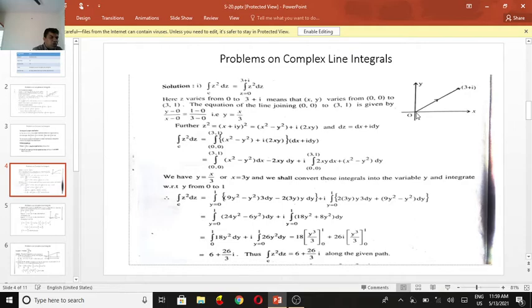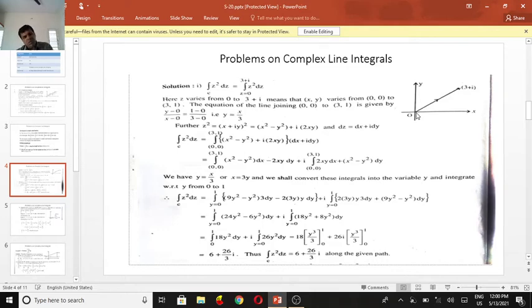The line equation form is (y - y1)/(x - x1) = (y2 - y1)/(x2 - x1). Here (x1,y1) = (0,0) and (x2,y2) = (3,1). Substituting, (y - 0)/(x - 0) = (1 - 0)/(3 - 0), so we get y = x/3 or x = 3y.